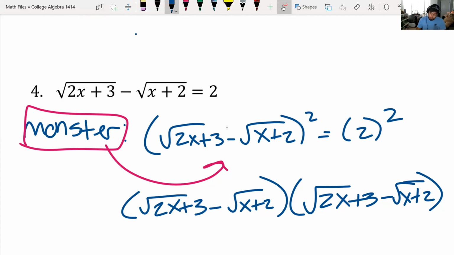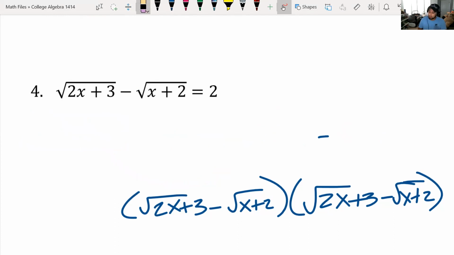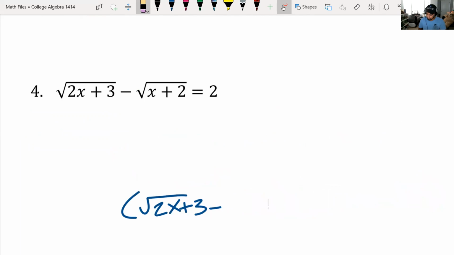Okay, so bye-bye, monster. Let's start over, and let's rethink our process. The key thing, again, is isolate. Isolate a radical, meaning keep one radical on the left side and move a radical over to the right side.